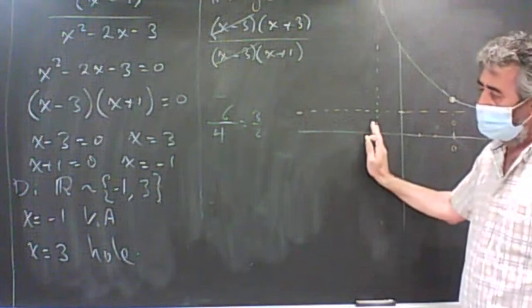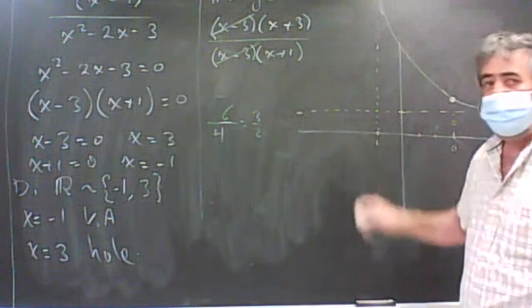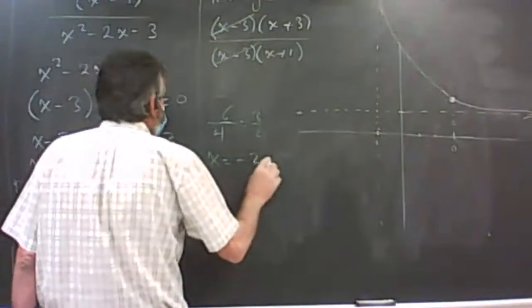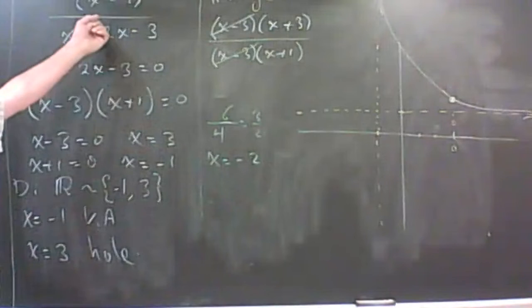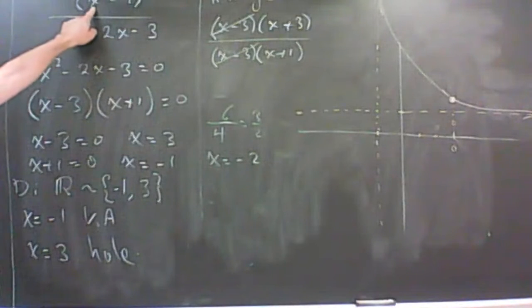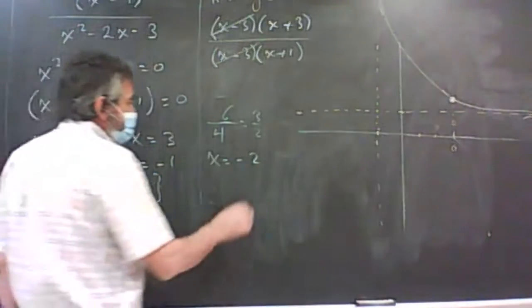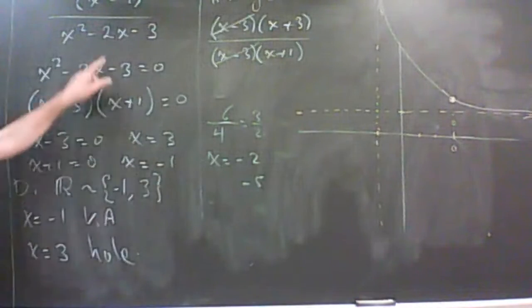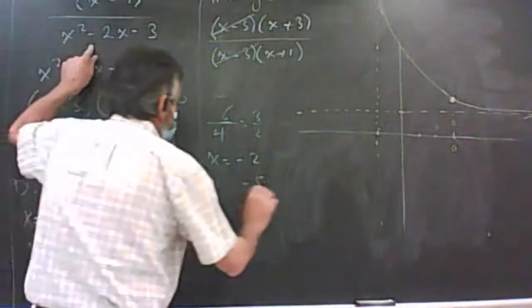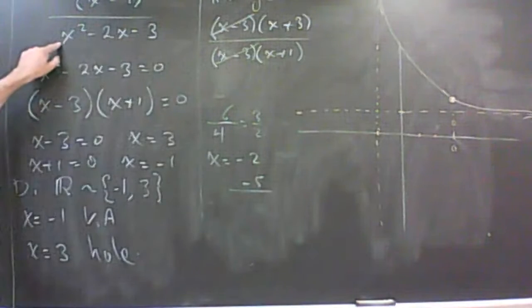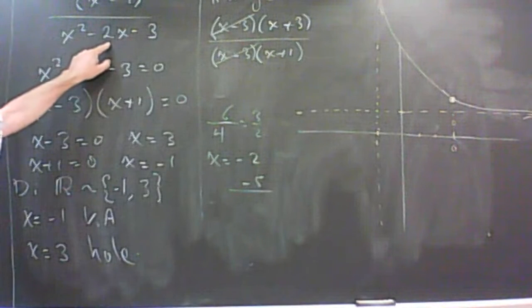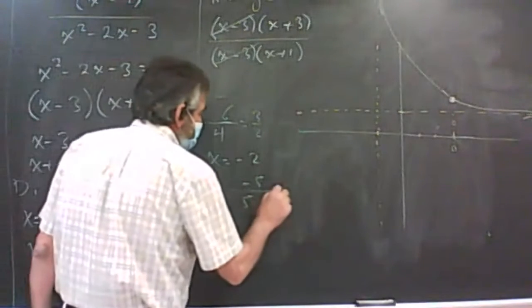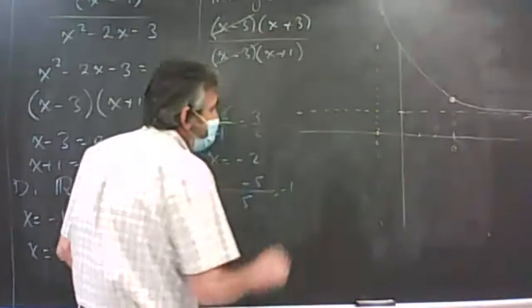This is a -1. Yeah? Let's do -2. If x equals -2, let's go back to the original now. 4 minus 9 is negative 5. Yeah? What do I get on the bottom? We have 4 plus 4 is 8. 8 minus 3 is 5, equal negative 1.